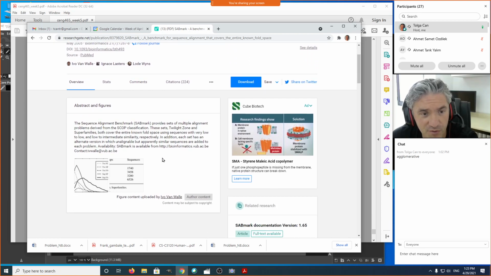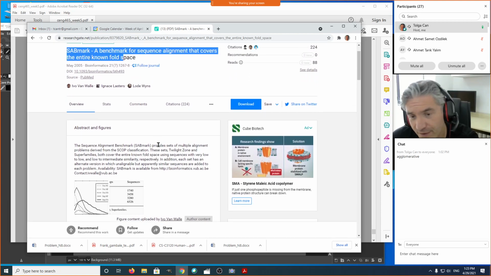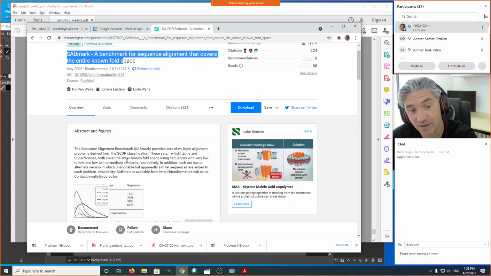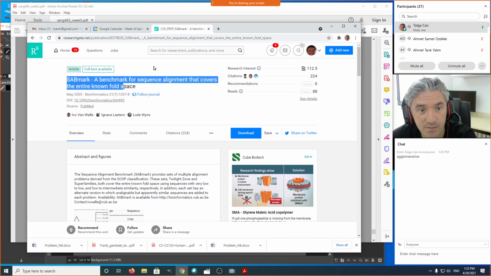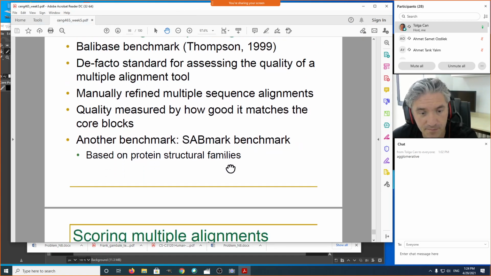This benchmark was first introduced in 2005, and it uses the structural families from the SCOP database, similar to the Superfamily database, which was also using the domain definitions from the SCOP database. So these structural databases that show relationships of protein structures with each other are used a lot, as you can see in different places.